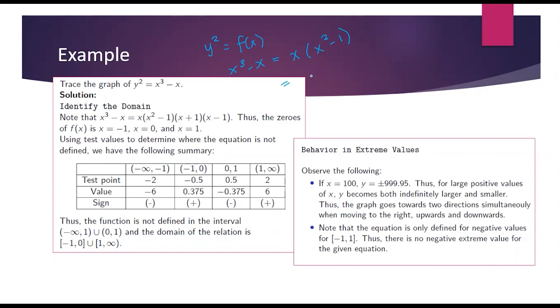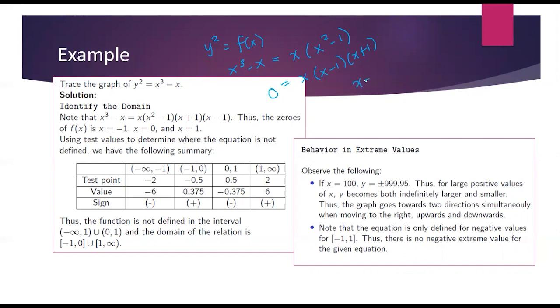So this is now equal to x times x minus 1 times x plus 1, the difference of two squares. And then you're going to get the zeros of this f of x, meaning that you're going to equate this to 0. What do we get?